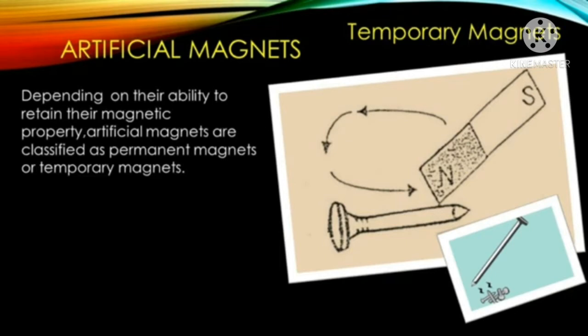Do you know magnetization is a process in which a substance is made a permanent or temporary magnet by exposing it to an external magnetic field? This is one of the methods to produce artificial magnets.